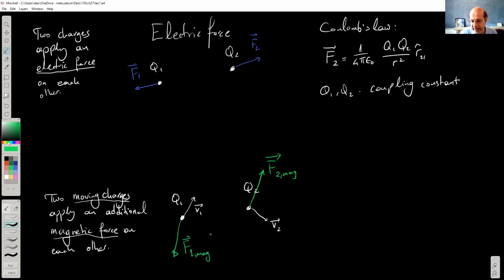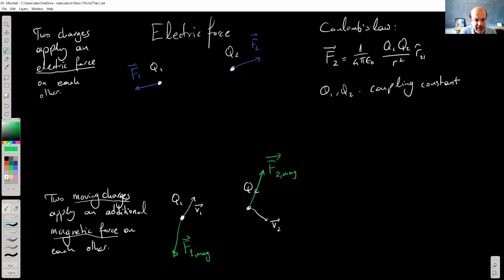We expect that Newton's 3rd law holds, so these forces are equal and opposite. That's basically what it is: an additional force between 2 moving charges. We can describe it like this.